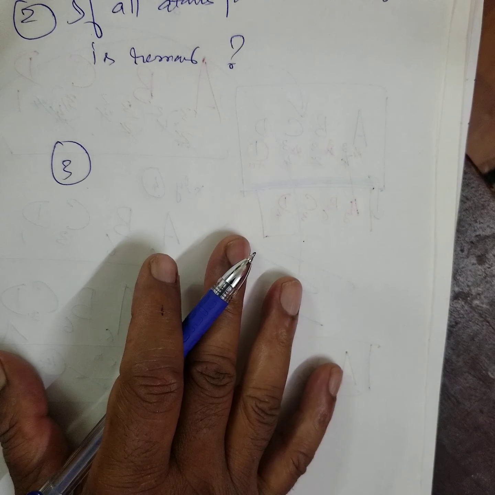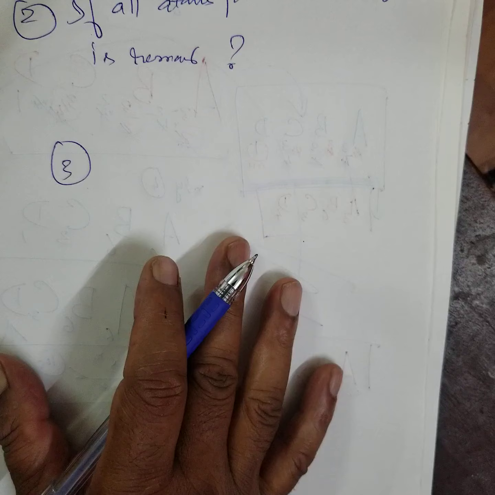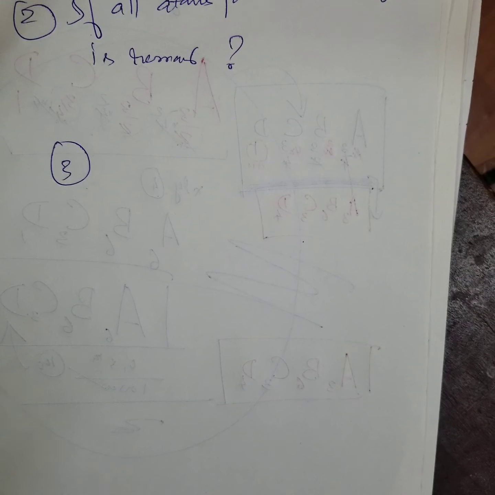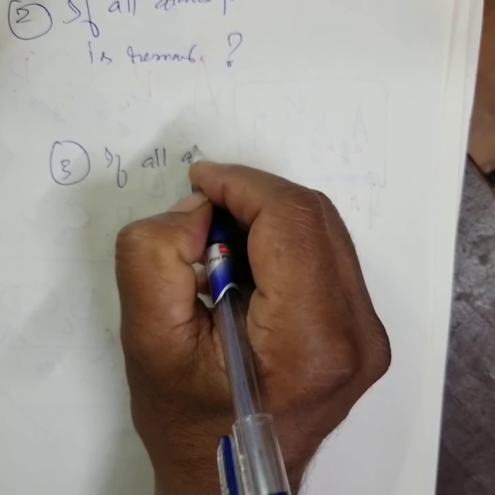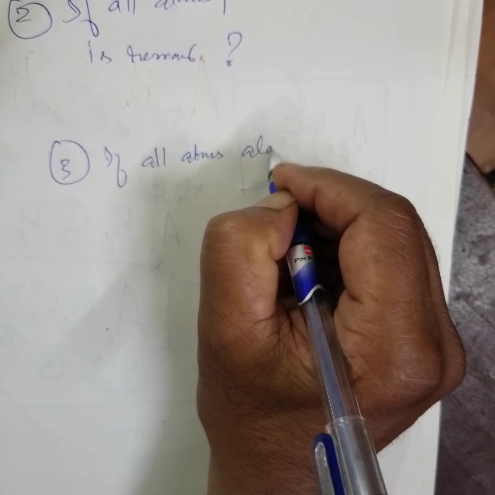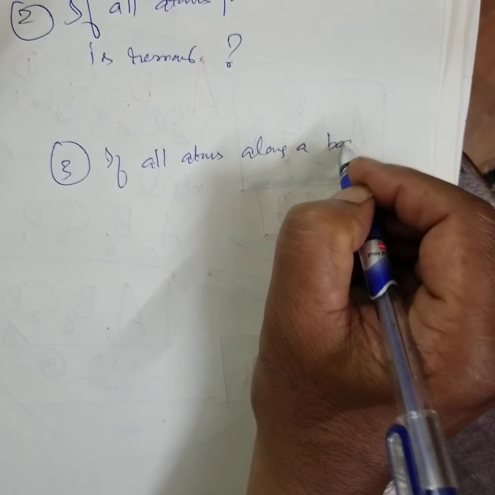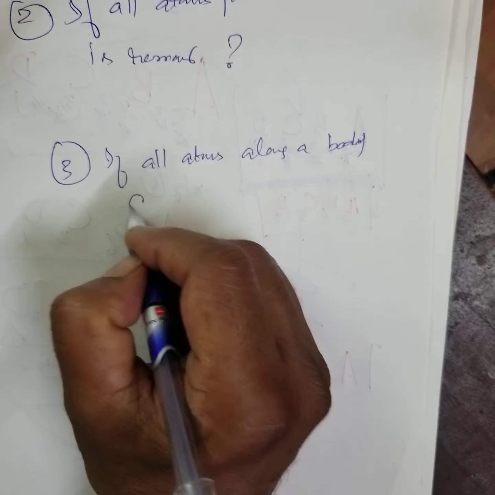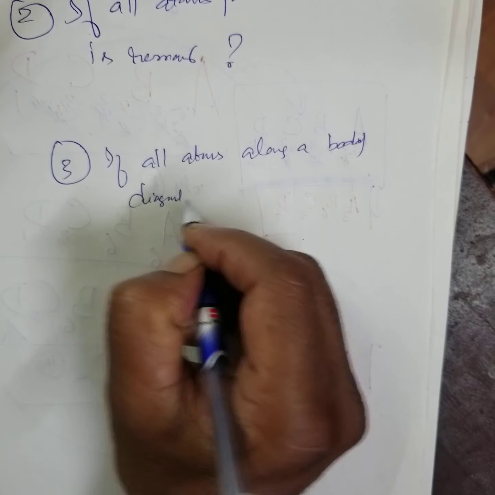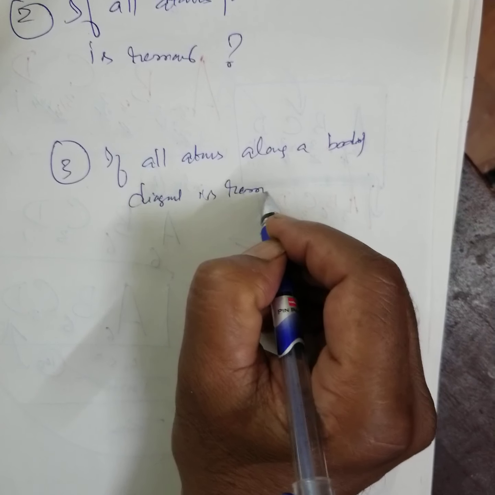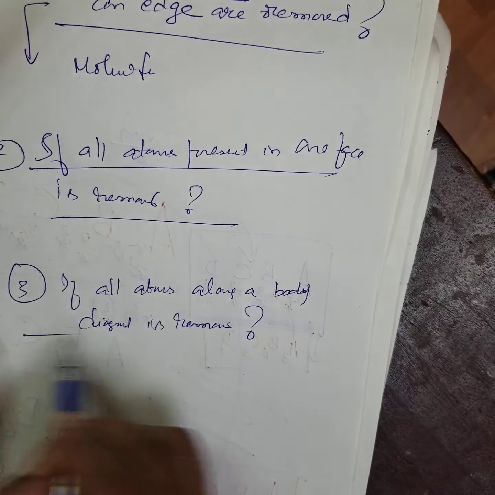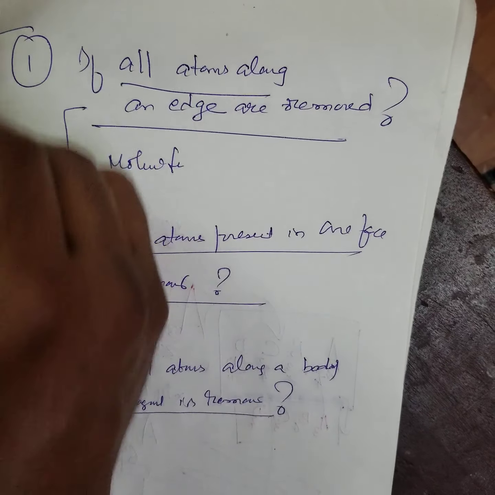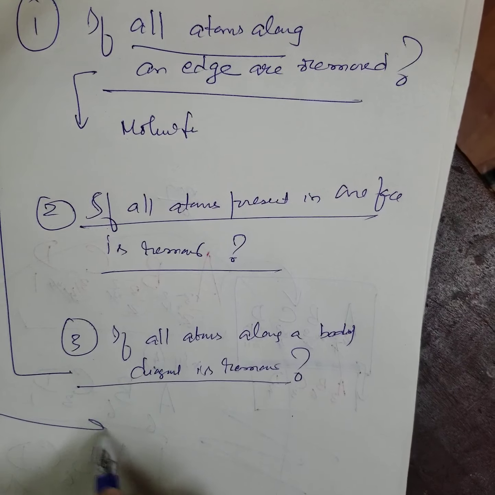Just think and do it. Another question, if all atoms along a body diagonal is removed. This is another question paper. See how they were asking. These 3 questions we'll do in the next class.